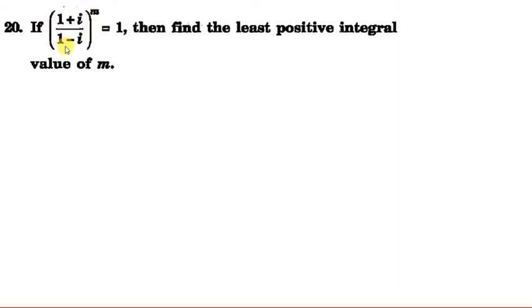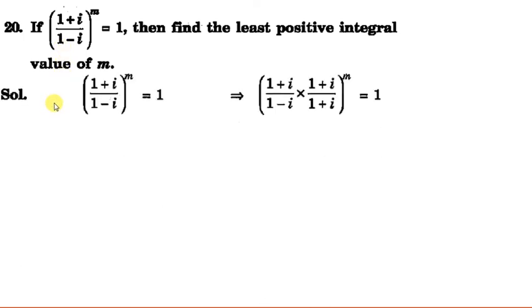Here we have a complex number in the denominator, so by multiplying with its conjugate we can rationalize it. So we can write it as multiplied by 1 plus i upon 1 plus i, which is the conjugate of 1 minus i.